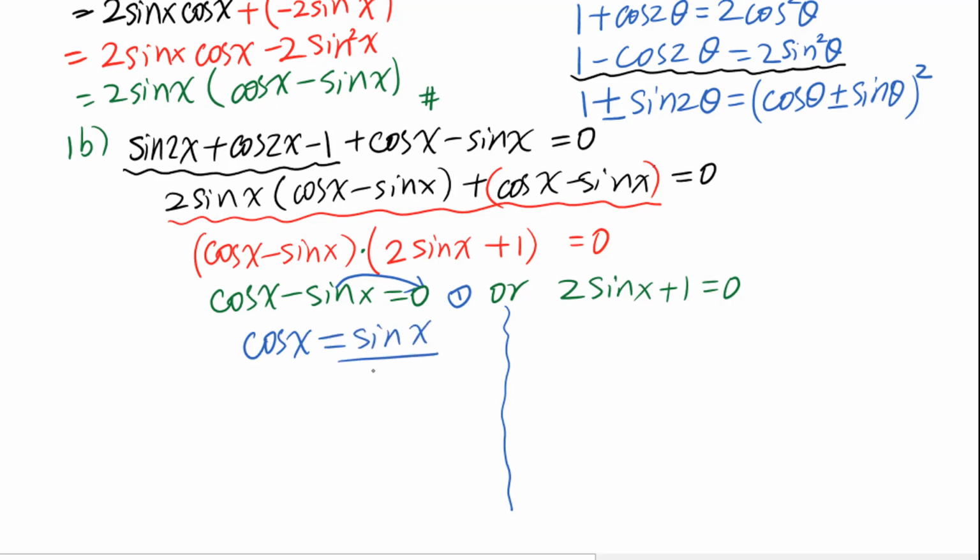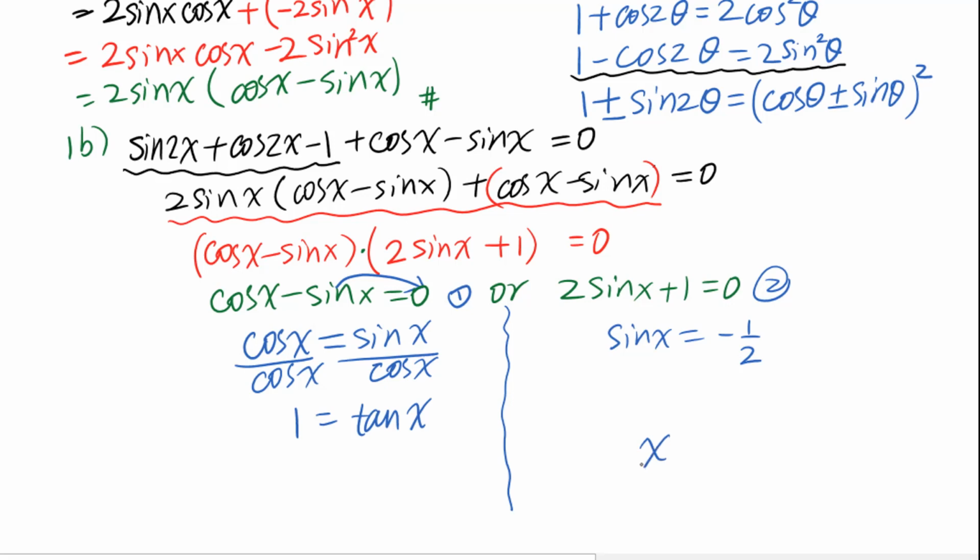Then we divide both sides by cosine x, and you will get 1 equals tangent x. For the second equation, you will get sin x equals negative 1 over 2.